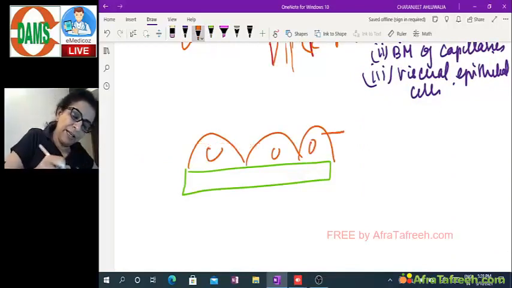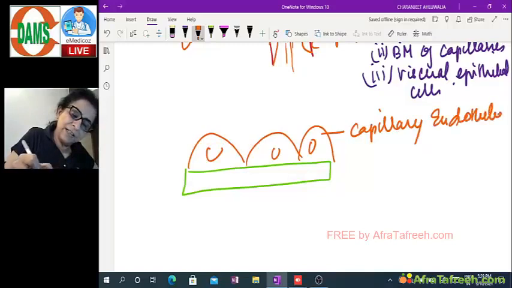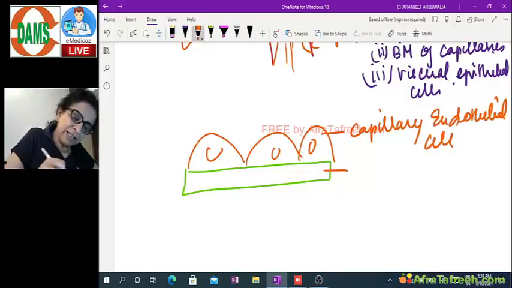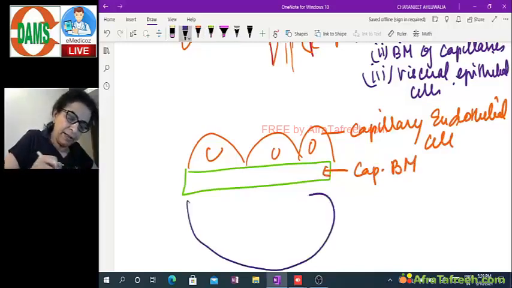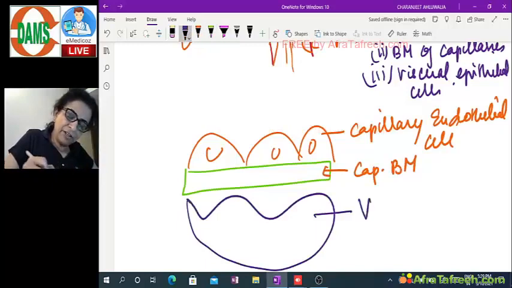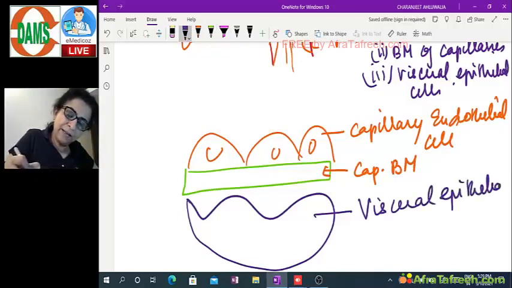These are the capillary endothelial cells. This is the capillary basement membrane. And third, this is the visceral epithelial cell, or what you call the podocyte.